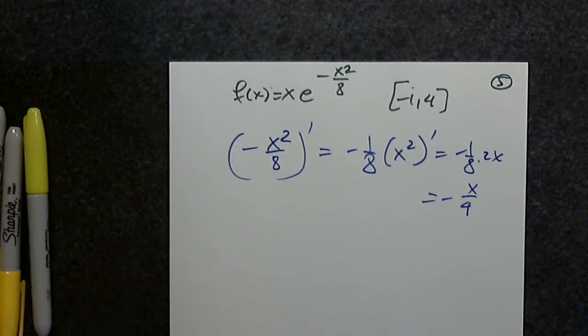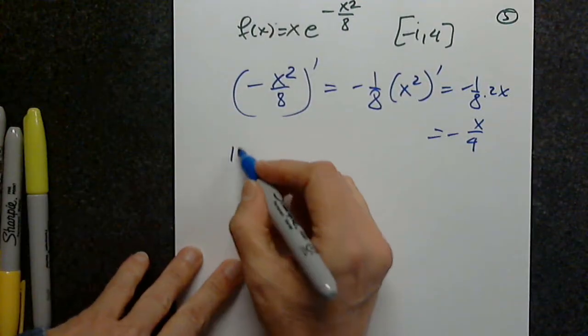So e to the x is not a function raised to a function. We do not apply natural log here. This is one function, and we want to find its derivative. There is no need to apply natural log. One more time, a function raised to a function would be something like this.